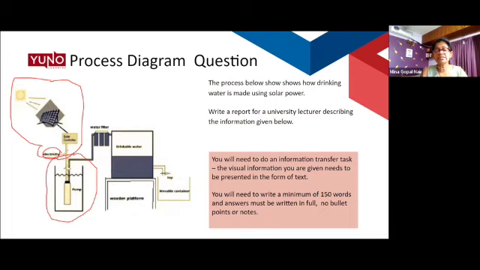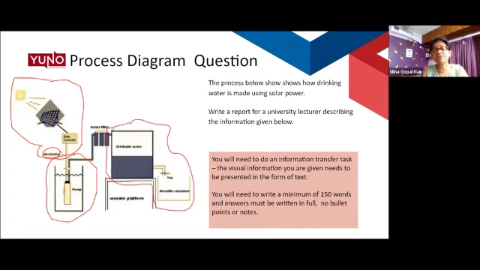So actually the electricity that is generated from solar energy is used to operate the pump. The pump gets operated and it pumps water from under the ground. That water is pumped up and passes through a water filter.